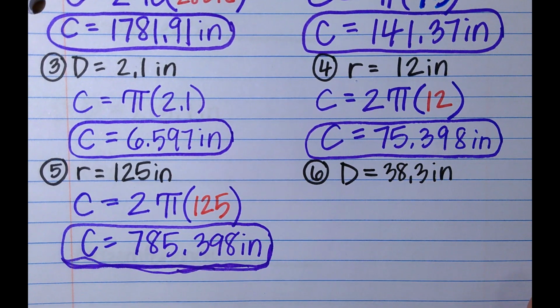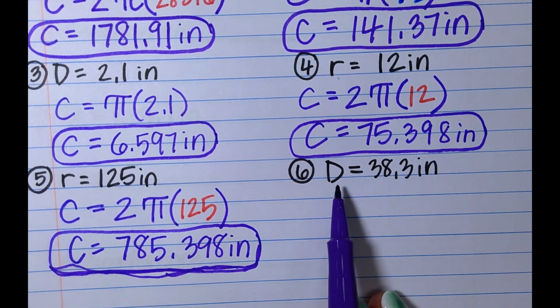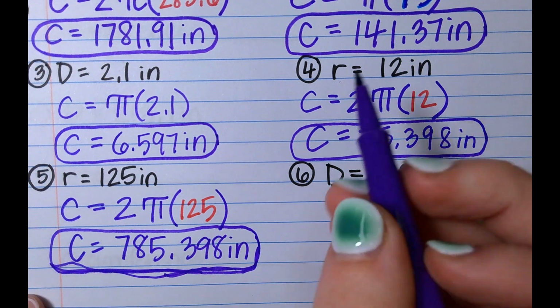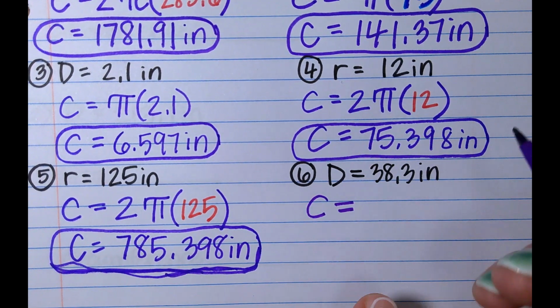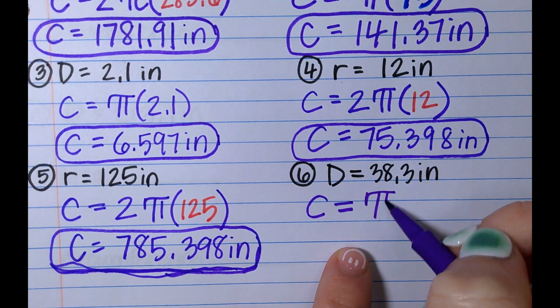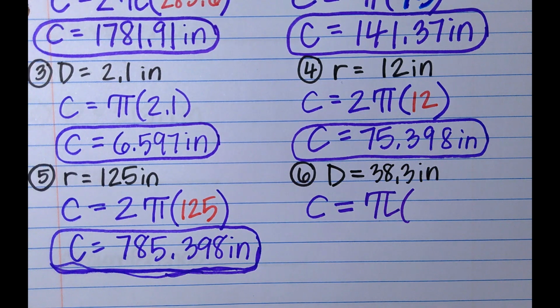Okay. They're right. That's right. And the very last one here, number 6. This time we have a diameter of 38.3. So, how will I type that into my calculator? Pi 38.3. Perfect, just pi 38.3.